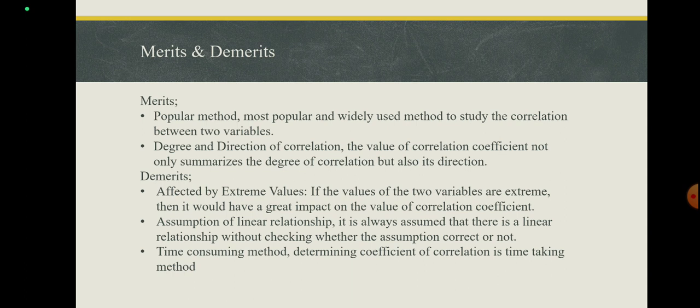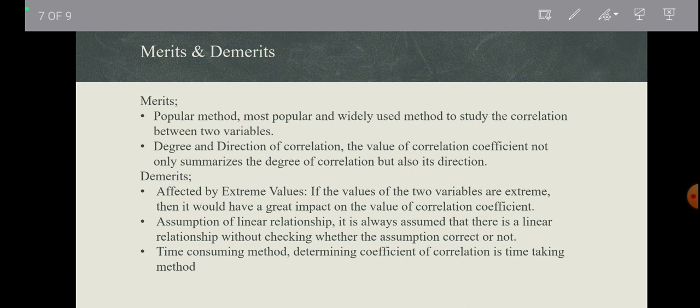It is widely used in statistical activities to find the values of the coefficient of correlation. Second, degree and direction of correlation. The value of the correlation coefficient not only summarizes the degree of correlation, but also tells the direction of the correlation.